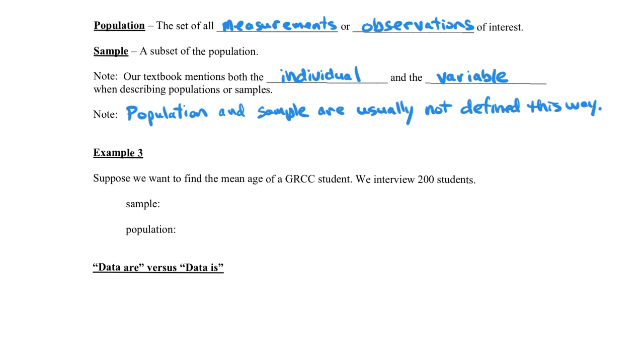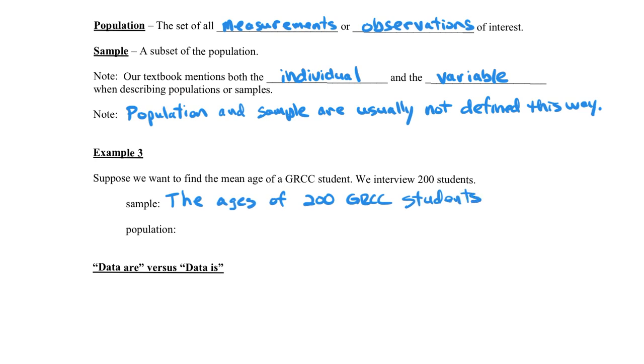So the way our author would define the sample in this case is, they would say the sample is the ages of 200 GRCC students.